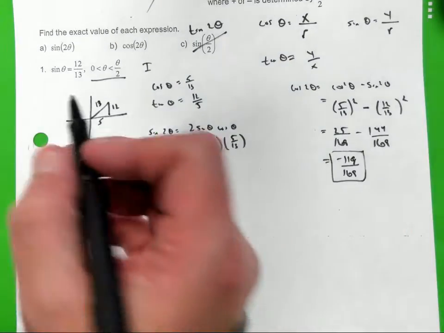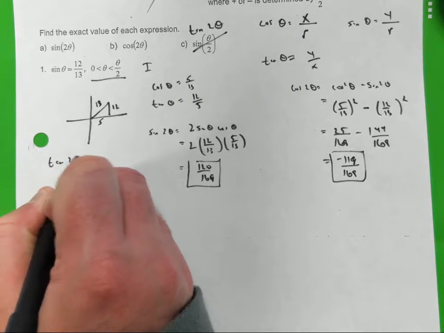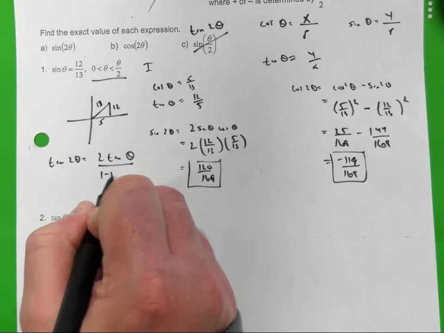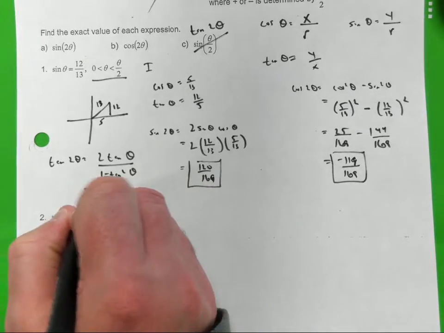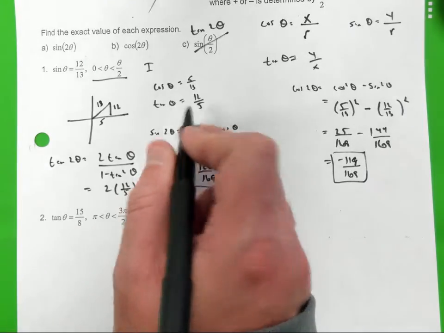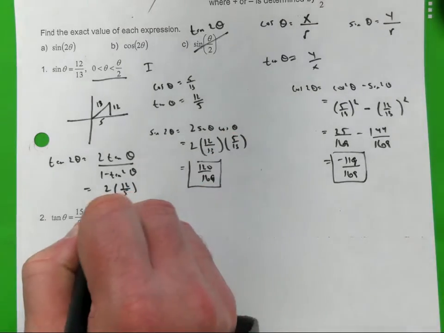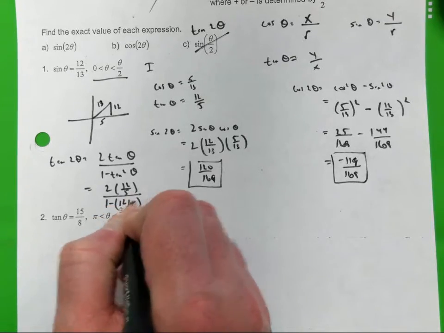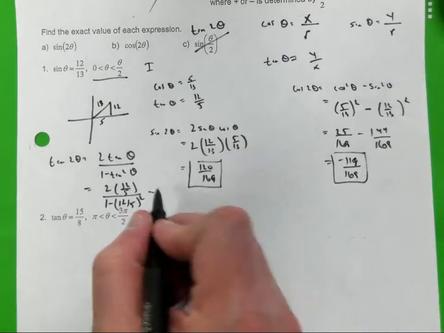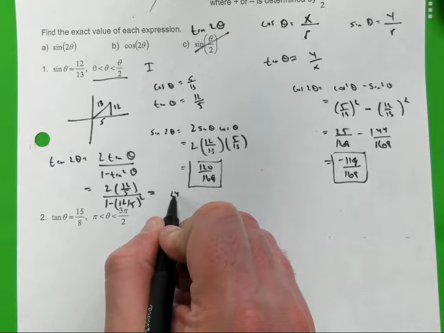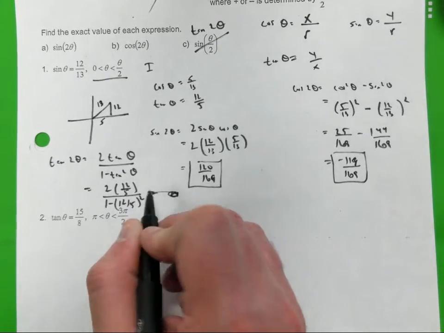Alright, tangent of 2 theta. I got my 12 over 5 from the beginning. What was my tangent of theta? Over 1 minus 12 over 5 squared. I'm going to run out of room.